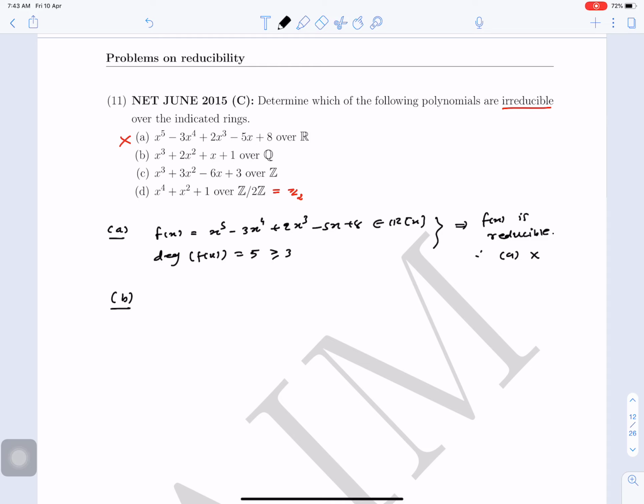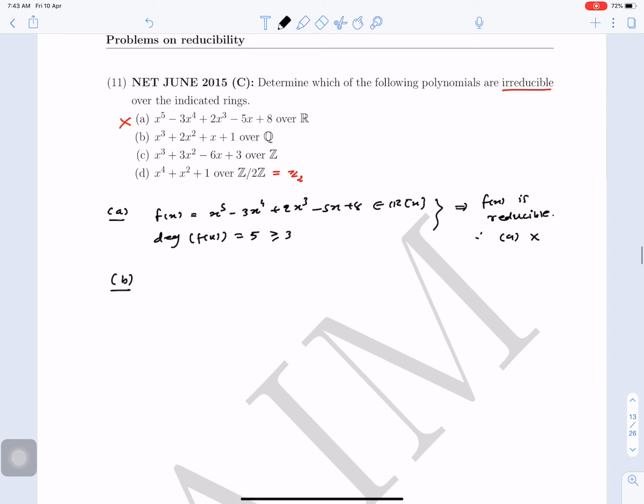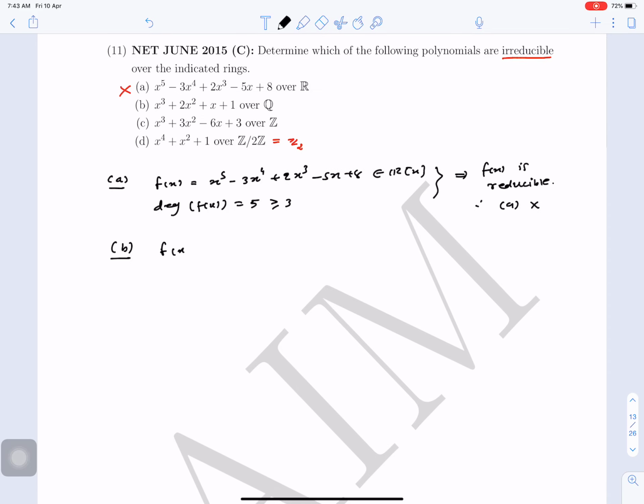Now option B, you say f(x) is equal to x cube plus 2x square plus x plus 1 over Q[x]. Here degree of f(x) is 3 and Q is a field.